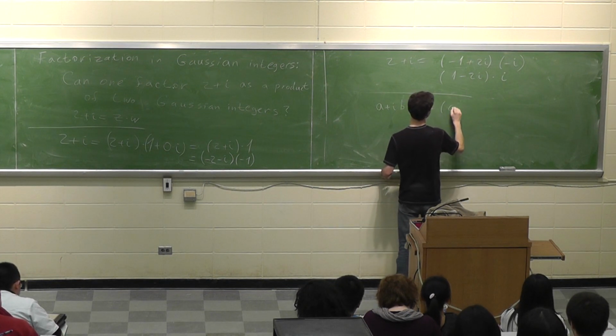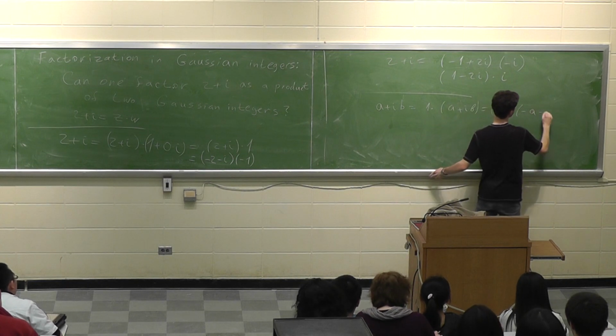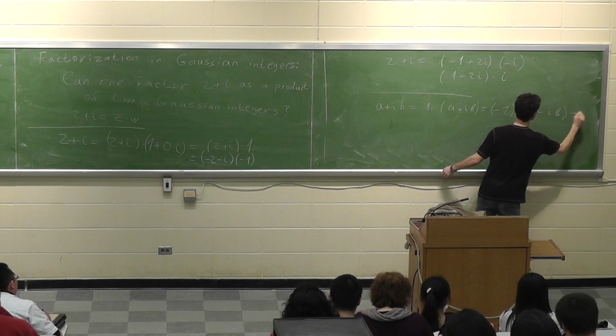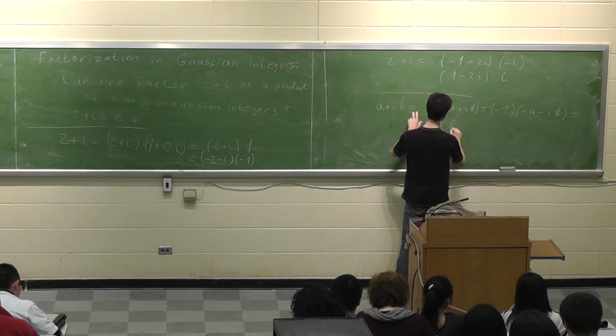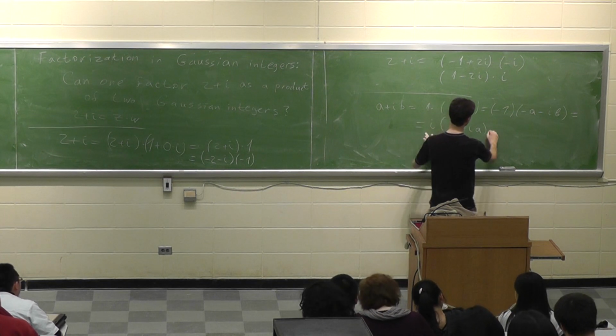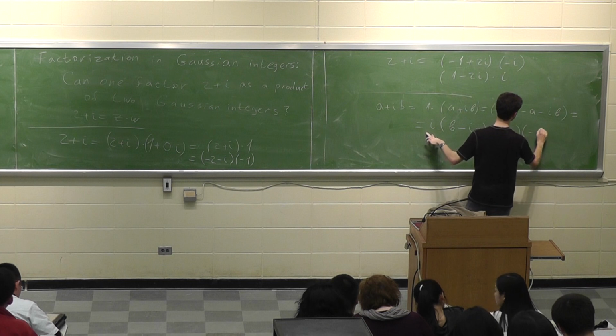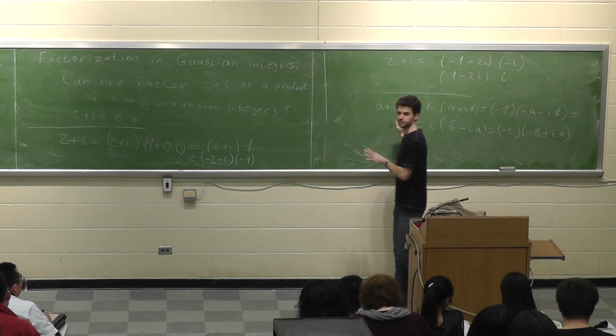It's 1 times a plus ib, it's minus 1 times minus a minus ib, it's i times b minus ia, and it's minus i times minus b plus ia. So it's quite general.